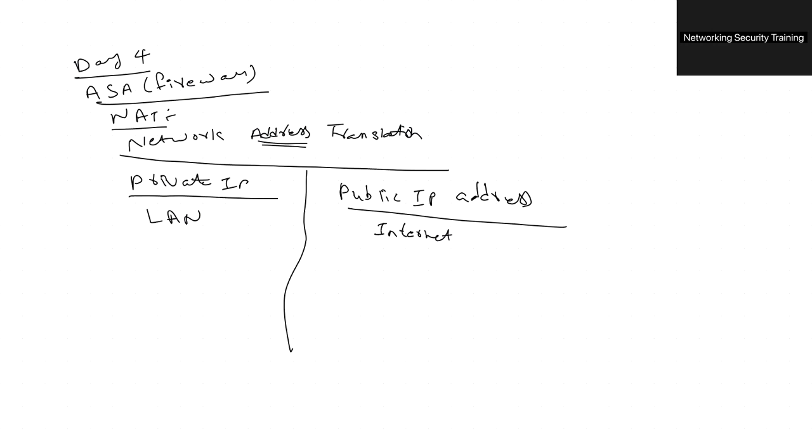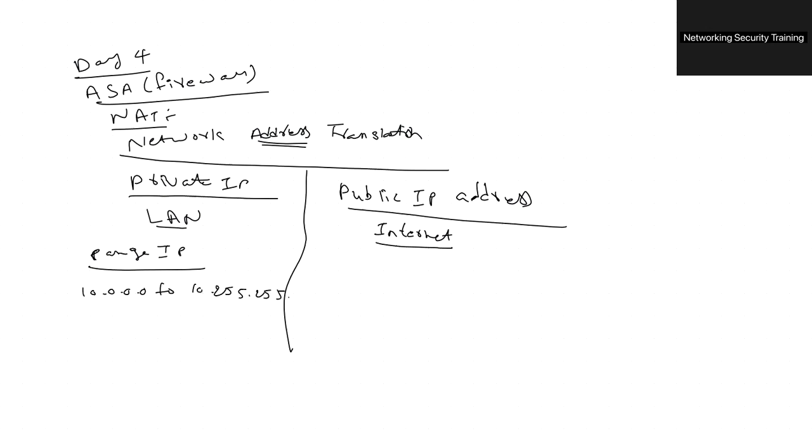Private IP addresses facilitate communication between devices on a local area network, and public IP addresses enable communication between devices on different networks over the internet. Coming to the private IP address range, it is 10.0.0.0 to 10.255.255.255.